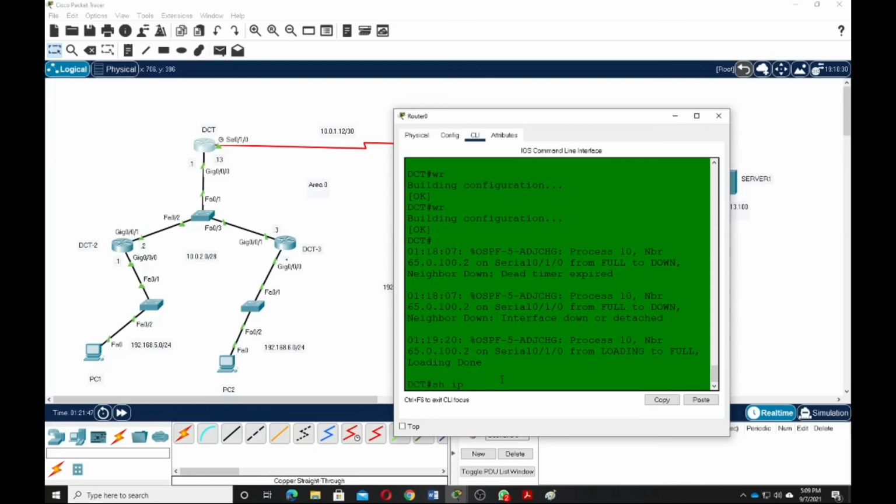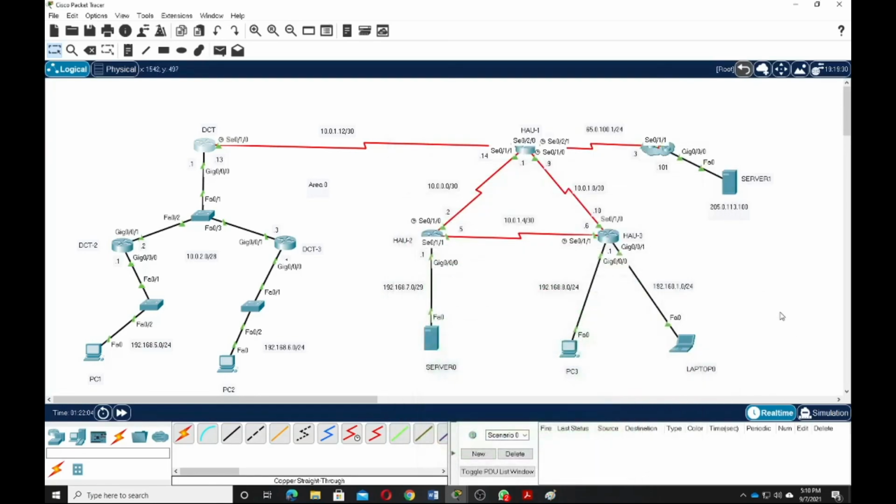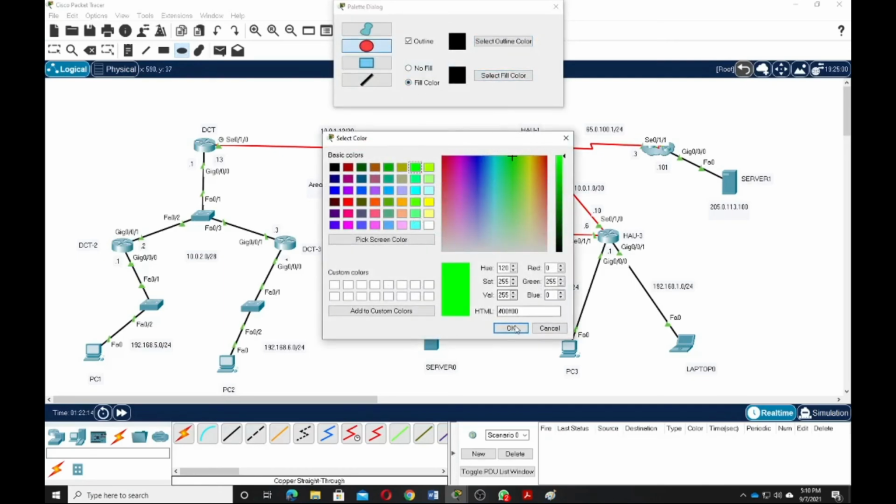Show IP OSPF interface S0/1/0. Okay, so they are the same now. So they are established communication, established neighbor adjacency.